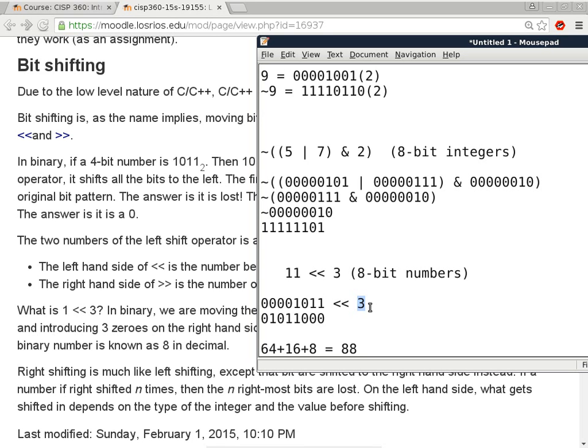You double twice, it is 2 times 2, which is times 4. You double it 3 times, it becomes 2 times 2 times 2, which is 8 times the original value. In other words, if you know that you are multiplying by a power of 2, left shifting can do it for you. But only when your multiplier is a power of 2.